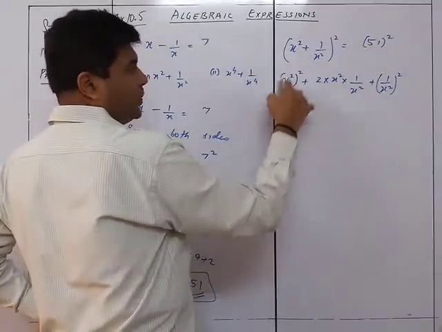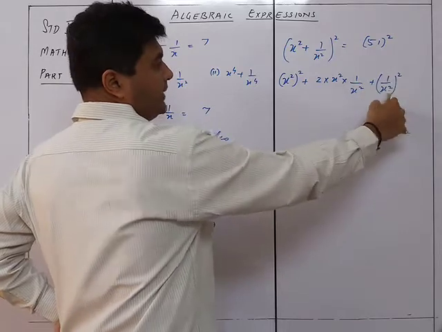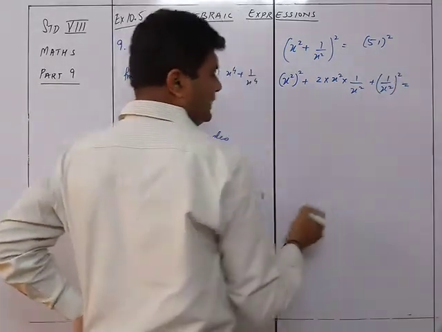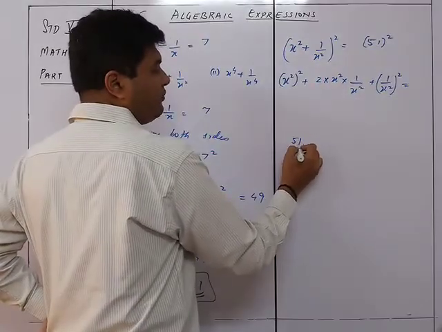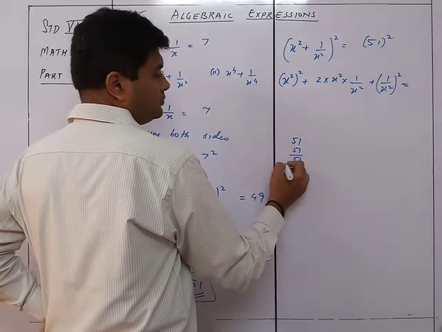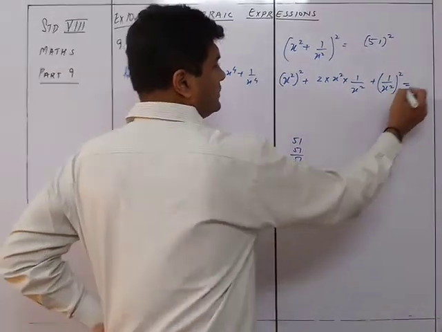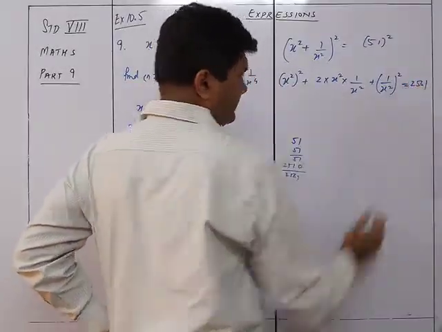Why? It is a square plus 2ab plus b square. So this is now 51 square. What is 51 square? 51 into 51. It's 2561.